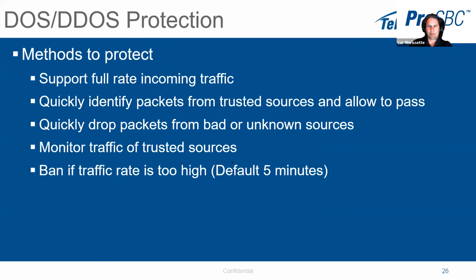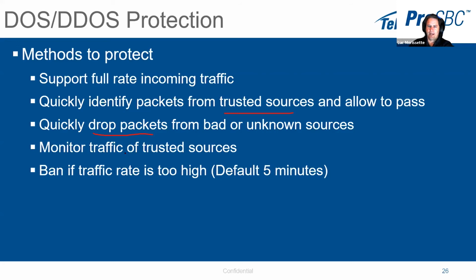Okay, so how do we protect against these types of attack? We need to support the full rate of incoming traffic. So let's say you have 2 times 1 gigabit per second of traffic. We need to be able to process each individual packet that comes in on these network interfaces and decide for each one of them if it's from a good, trusted source. If it's bad, drop it.